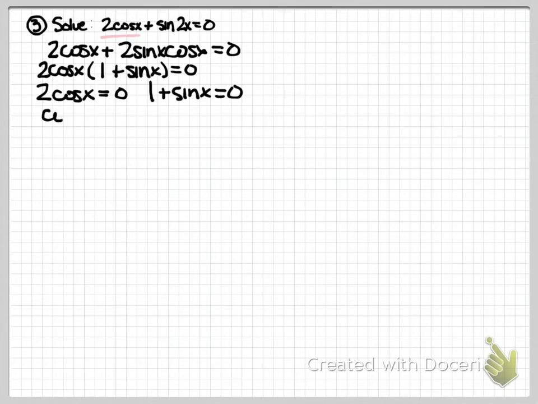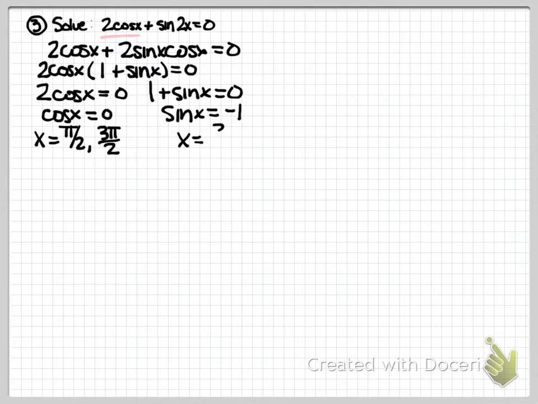Now solve for x. So the cosine of x would be 0. Well, that would be at pi over 2 and 3 pi over 2. And sine of x equals negative 1. Well, that's at 3 pi over 2.